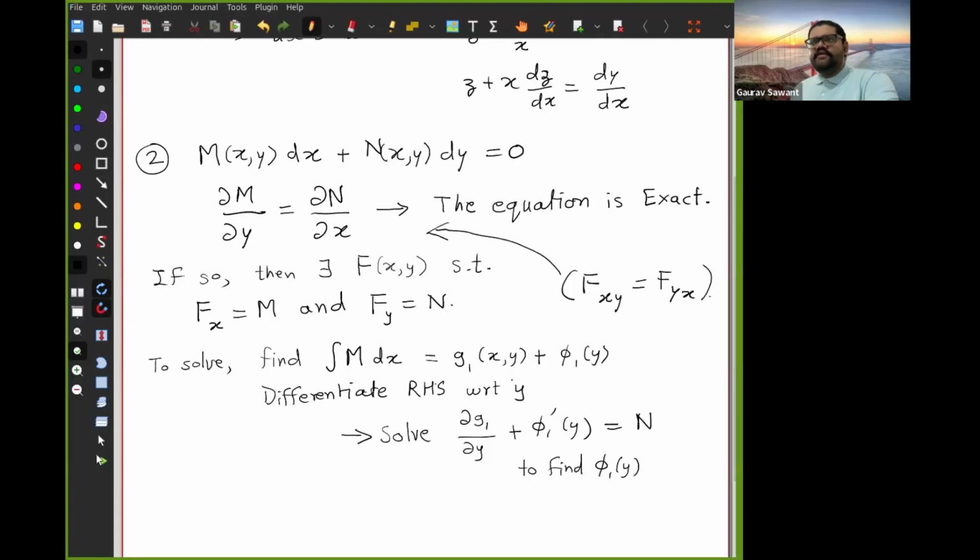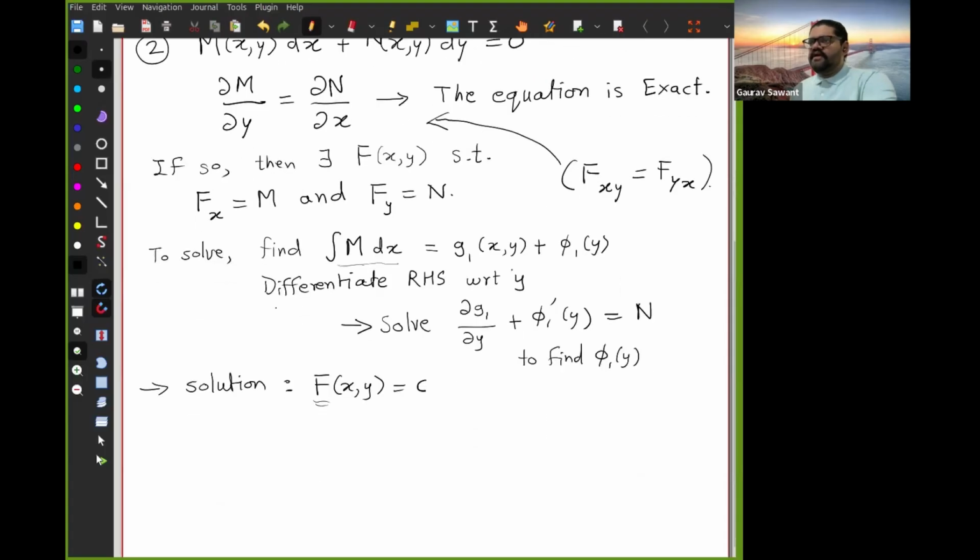And once you get that, you are done. So the solution will be of the form F(x, y) equal to constant. So this integral of M dx is a candidate for this capital F.